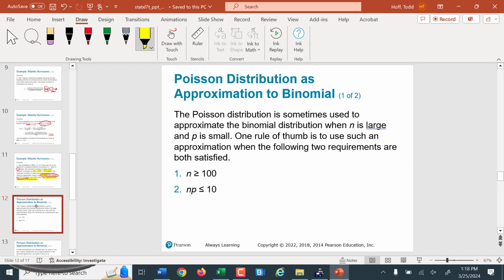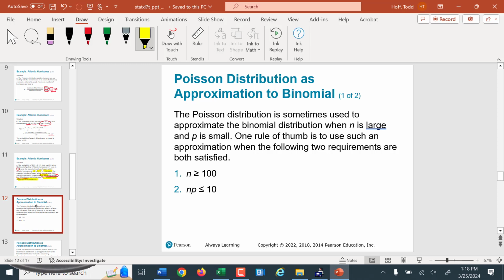The Poisson distribution can also be used to approximate binomial probabilities. Seems like we're always trying to approximate binomial probabilities. Binomial probabilities had that huge long formula, if you remember, where we had combinations and factorials and powers and all that. It's a large formula.